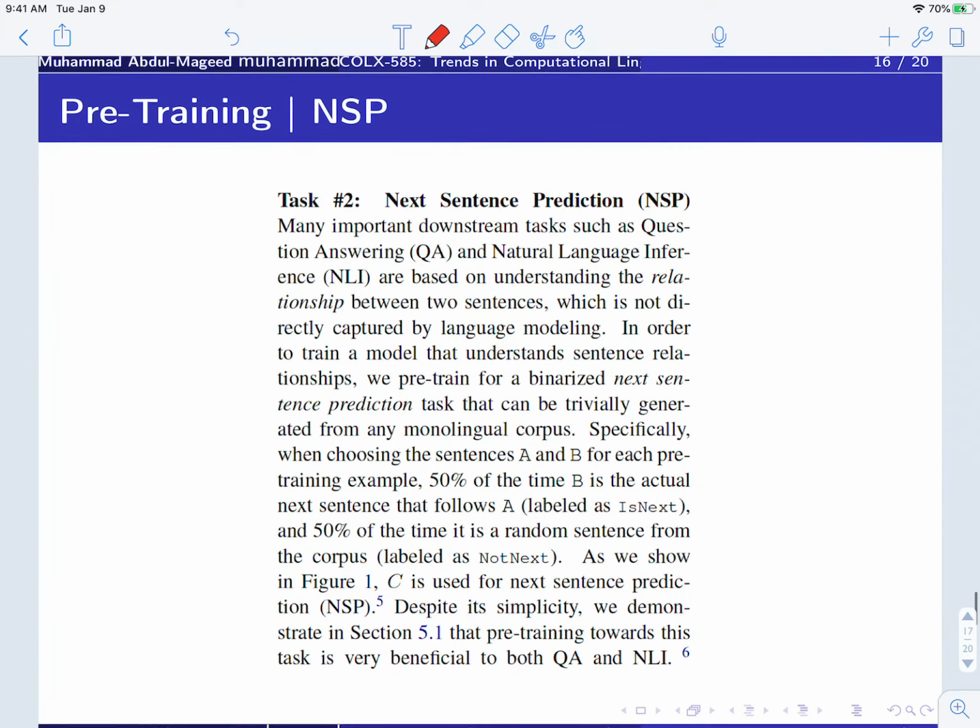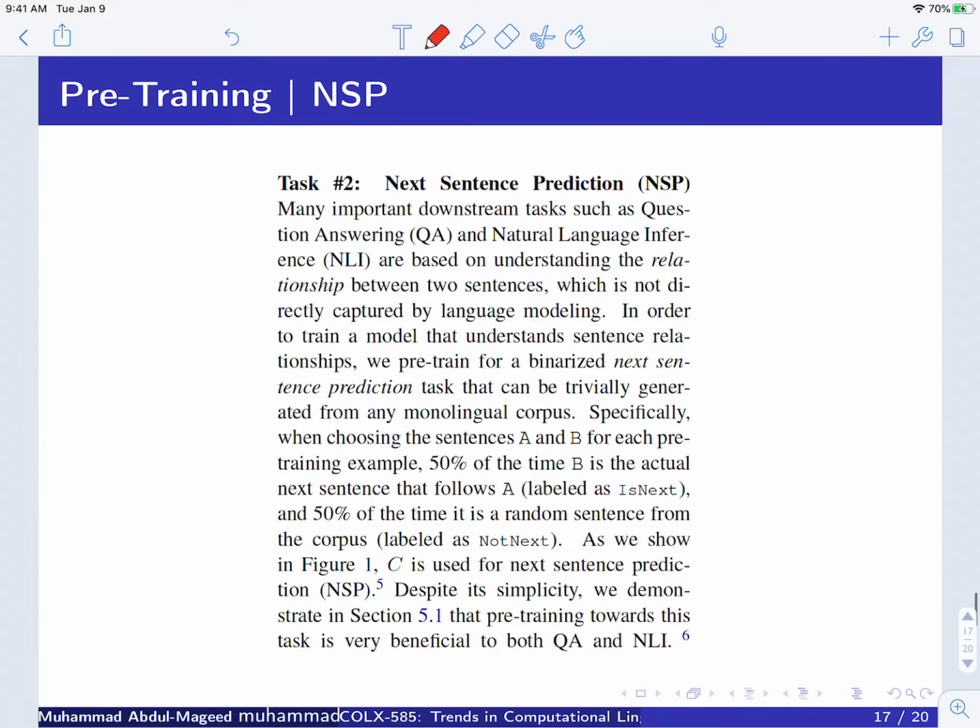Now, next sentence prediction is really a slide that we have already explained. All they are saying here is that this is sentence A and this is sentence B, and we ask the question: does sentence B really occur after sentence A or not?